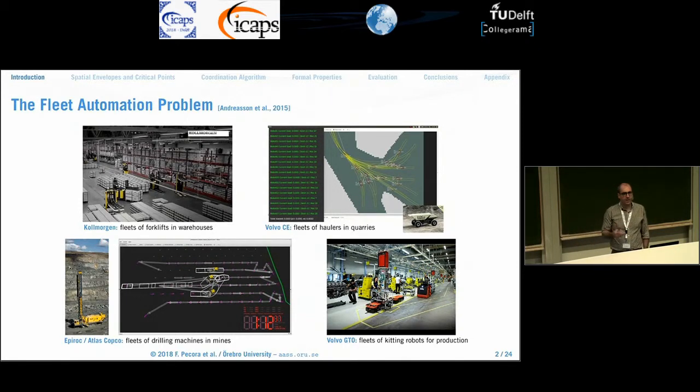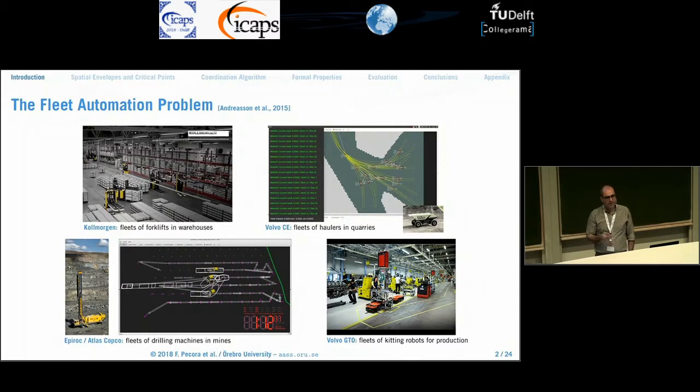These settings vary quite widely from warehouses to, for example, quarries where autonomous haulers are supposed to displace rocks, to drilling machines in open pit mines, and kitting robots feeding production lines.